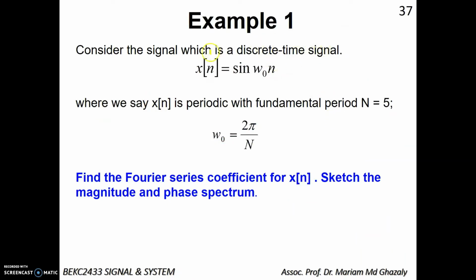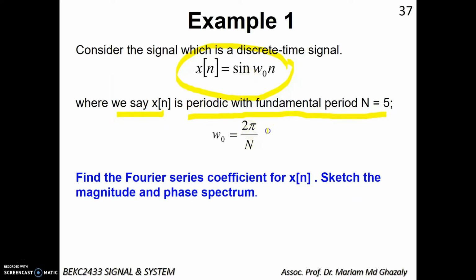We go to the first example. Consider the discrete time signal given by x[n] equal to sin(omega_0 n). In this example, assume that x[n] is periodic with fundamental period N equal to 5.